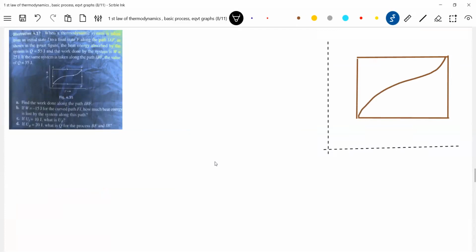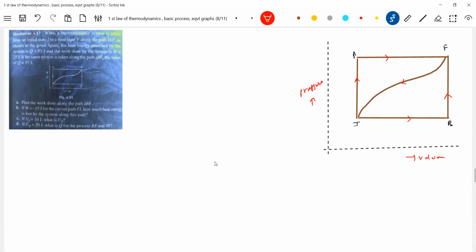Don't get scared, very easily we can manage all these things. I, A, F. This is I, A, F. This is B. Now look at the arrows. Arrows are very important. There's one path, there's another path. There's a volume, there's a pressure. Let's get into the problem fast.